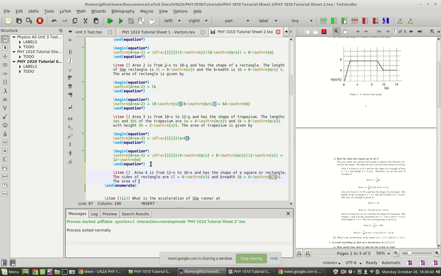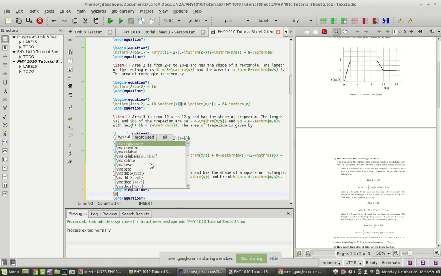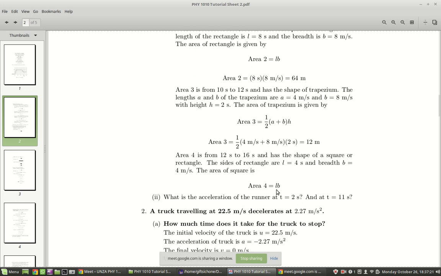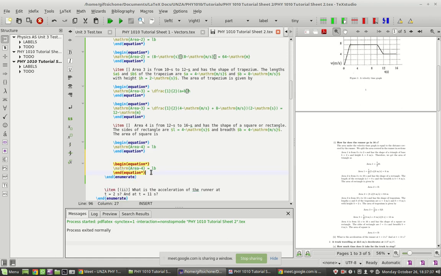The area of a rectangle or square, so area 4, is L times B. So our L is 4 seconds.